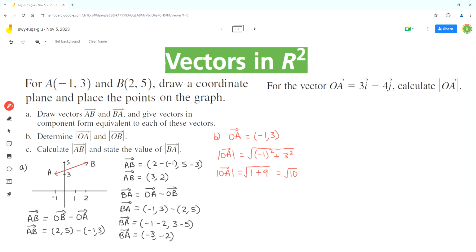Now we can do the same analysis for vector OB. So first we'll find vector OB, and that will be the given point B, and now we can find its magnitude.